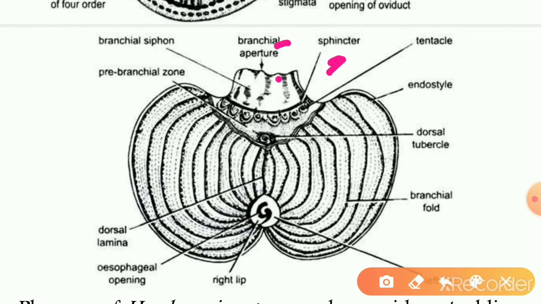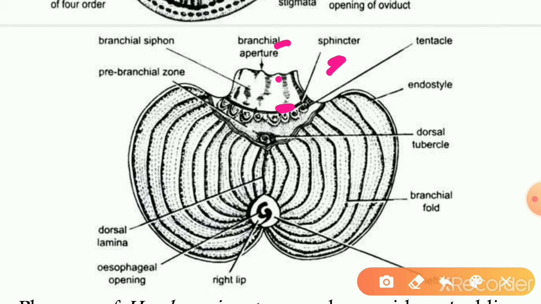The buccal cavity is also called the stomodeum. It is short, narrow and laterally compressed. The branchial sphincter regulates its opening and it has 64 tentacles.